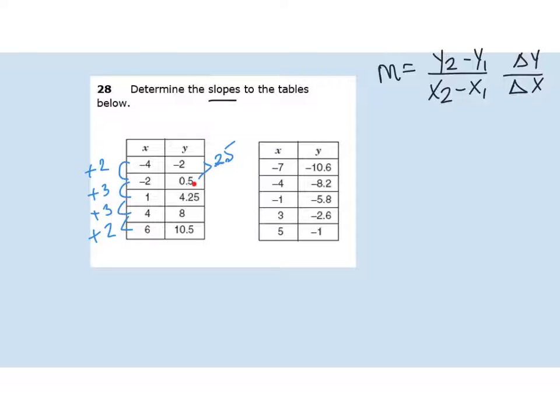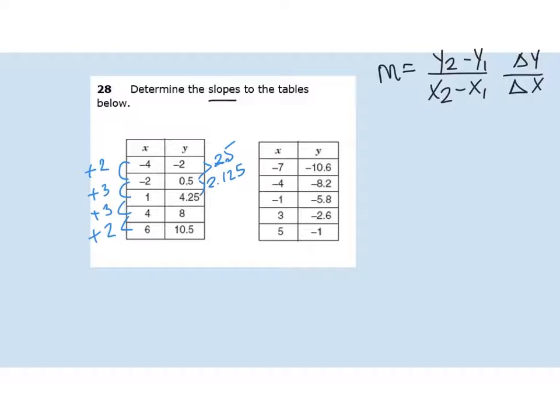So this would be 0.5 minus -2. Here you're going to do 4.25 minus 0.5, and that's going to be 2.125. So this is positive 2.125.